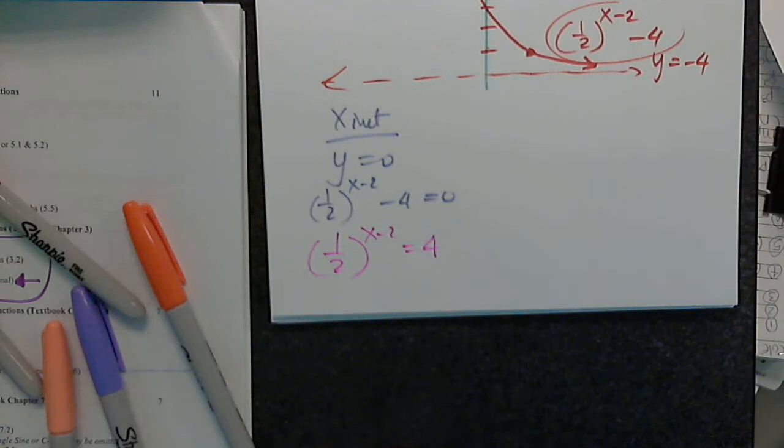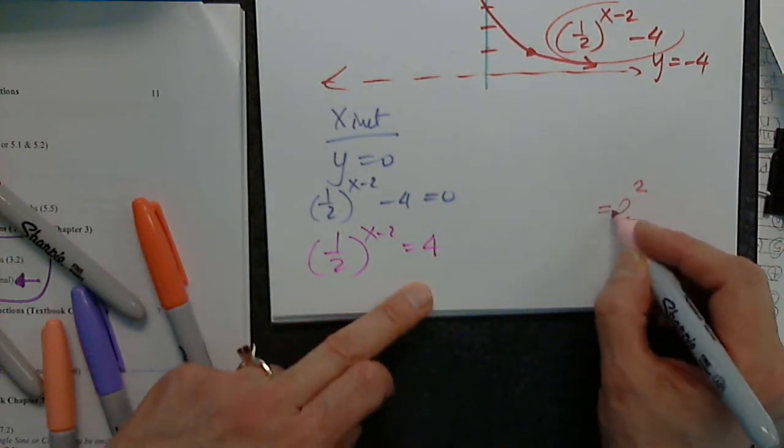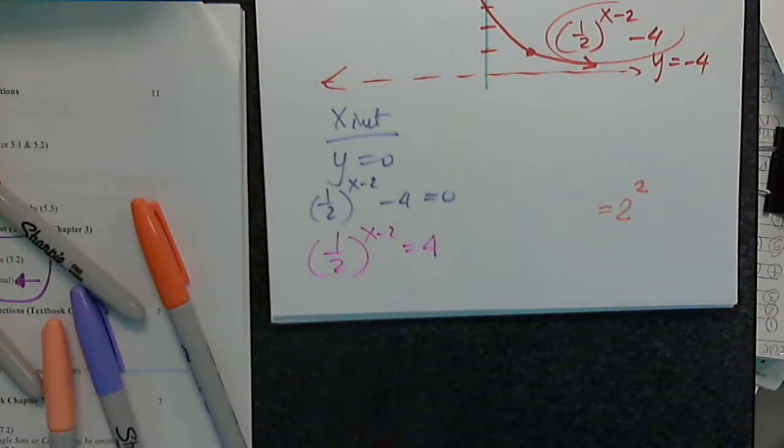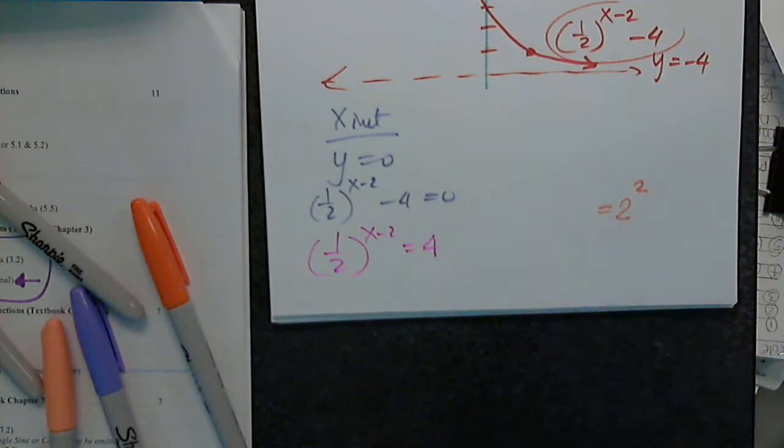If I cannot present both sides with the same base, then something else will happen that I need to apply later. So, can I present both sides with the same base? Well, the 4, obviously, I'm going to go with 2 squared because there is nothing else. Is there any way I could present this side with the same base that I have on the right-hand side? And the answer is yes.